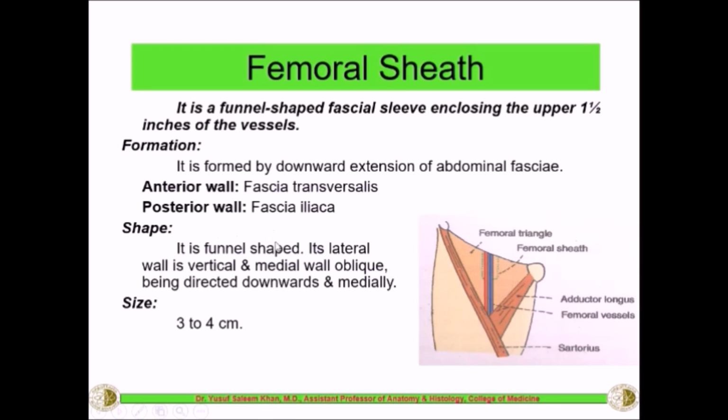So that's why it looks like a funnel. It is directed downwards as well as medially. The size of this femoral sheath is, as I said, almost 1.5 inches or 3 to 4 centimeters in length.